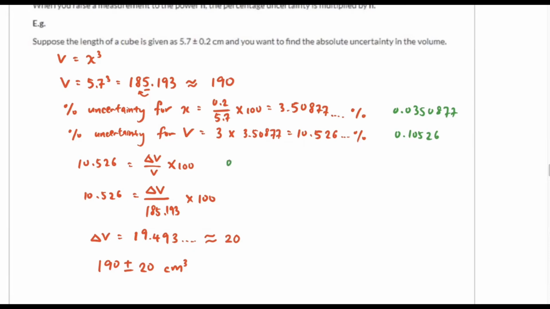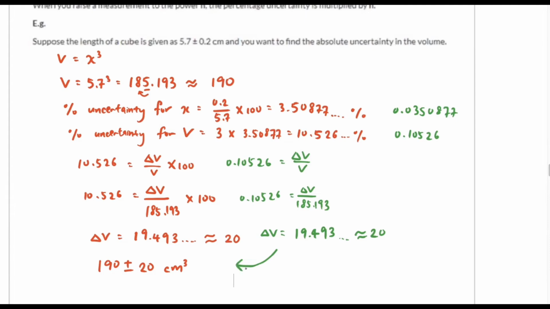Then 0.10526 equals delta V over 185.193, and then you get delta V by multiplying that. Again, you get 19.493 and so on. You round off to the nearest 10, which is 20. So same answer.